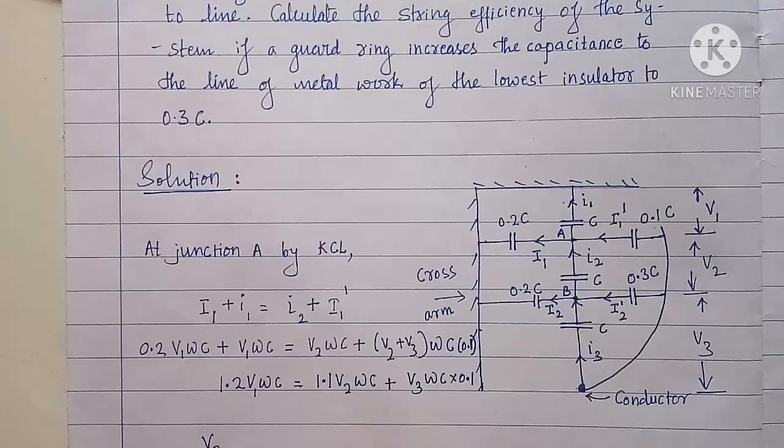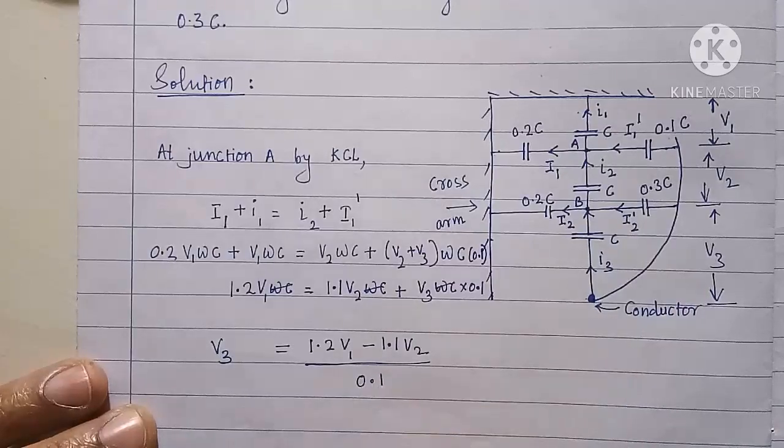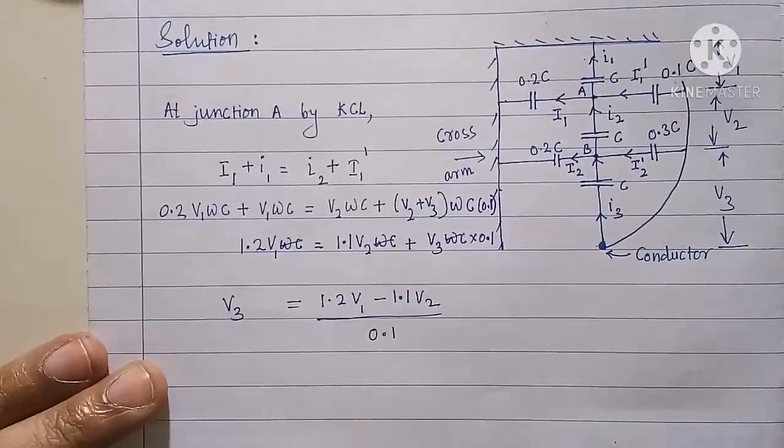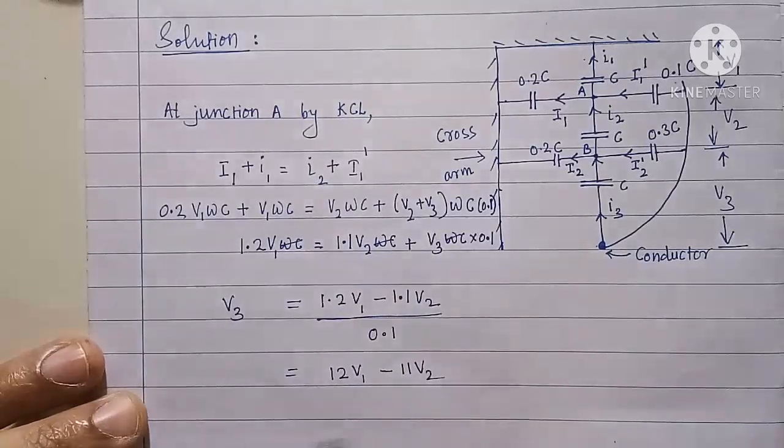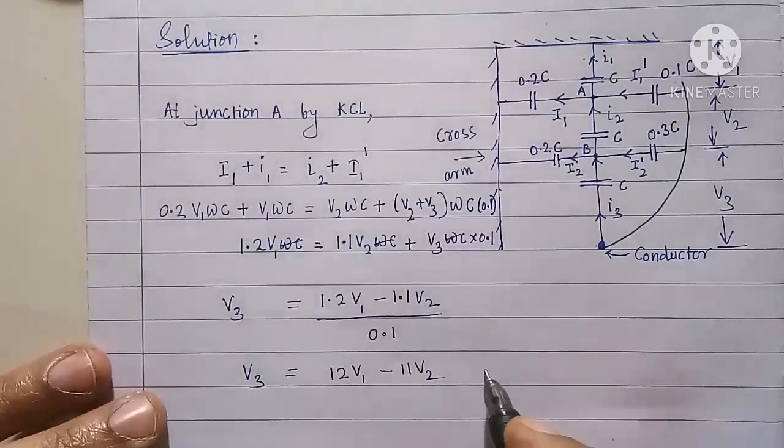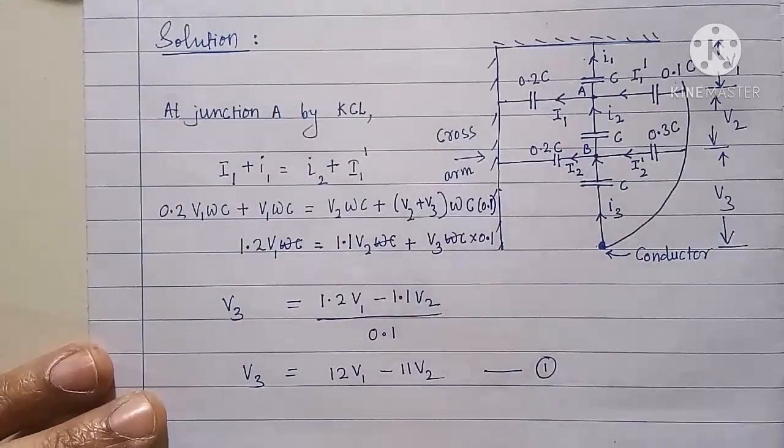Simplifying for V3, before that we can even cancel omega C. Simplifying for V3 we get 1.2 V1 minus 1.1 V2 divided by 0.1, or we can write it as 12 V1 minus 11 V2 equal to V3, and let us call this as equation 1.